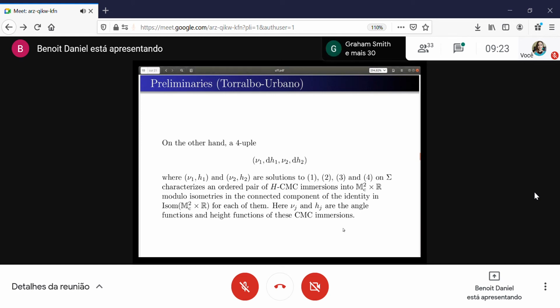Actually, it is not easy to find non-trivial examples of this. If you think of this in R3, if I have two CMC isometric immersions of the same surface into R3 with the same value of the mean curvature, then it's known that they are associate.